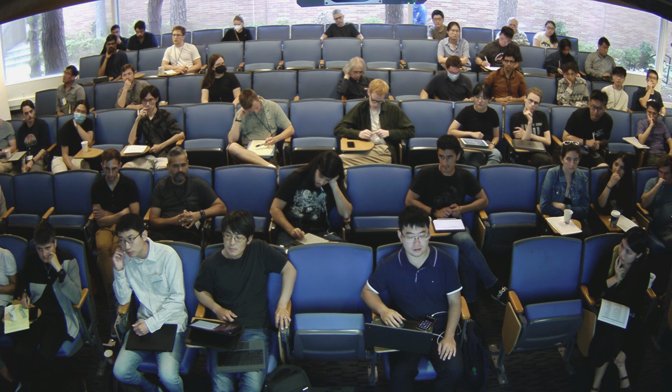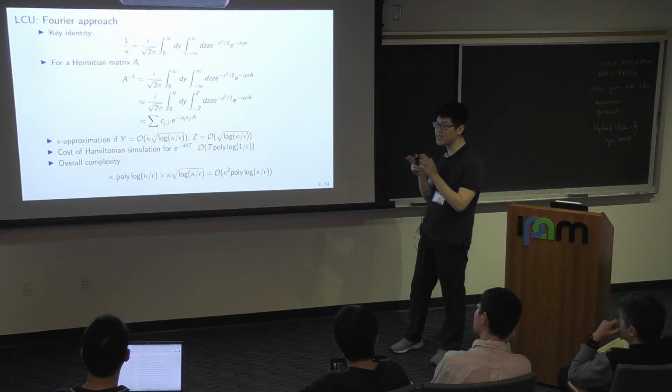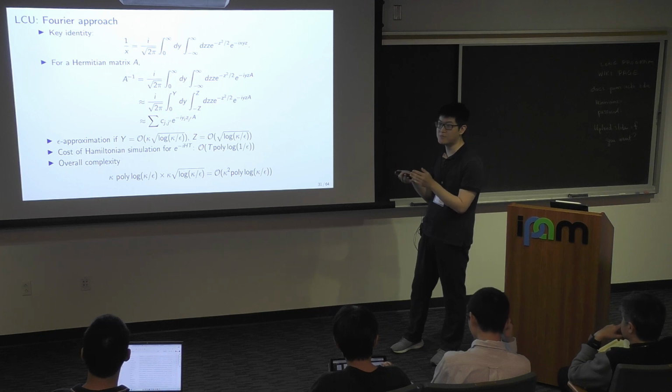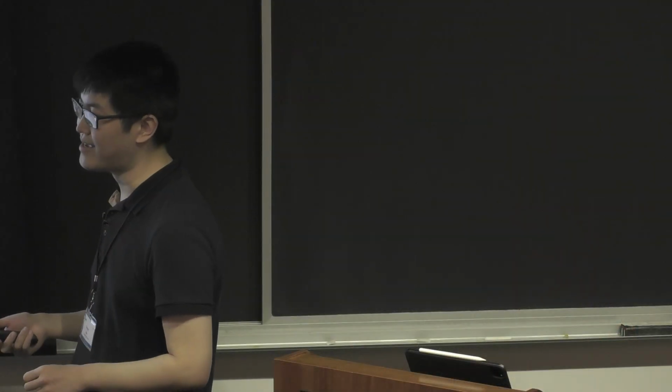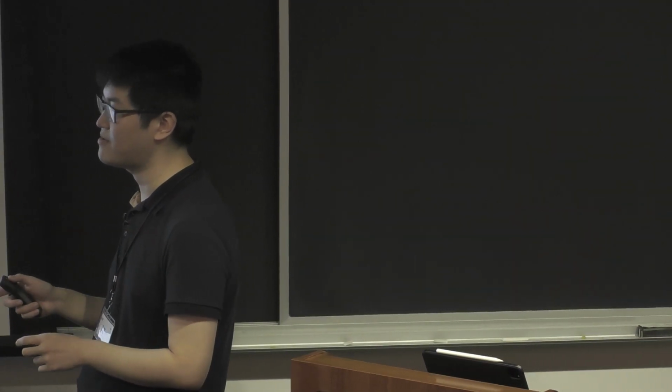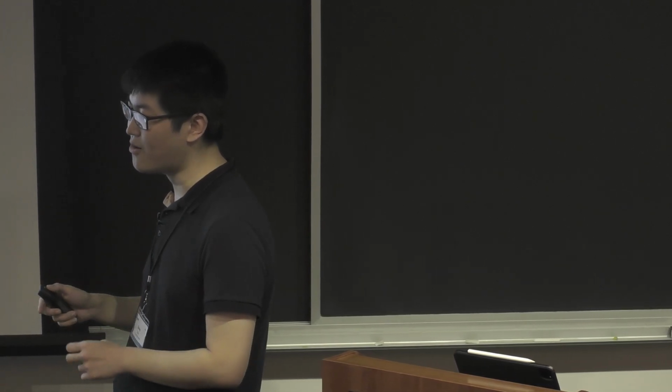You cannot make the kappa better, because the distance between the desired interval and the region is determined by the condition number. Here I have rescaled my matrix to have spectral norm 1, and the eigenvalue with the smallest absolute value would be something like 1 over kappa. If kappa is very large, it will be close to the region, and the problem will be harder to solve. On quantum devices, if kappa is very, very large, then no quantum algorithm can be efficient generically.